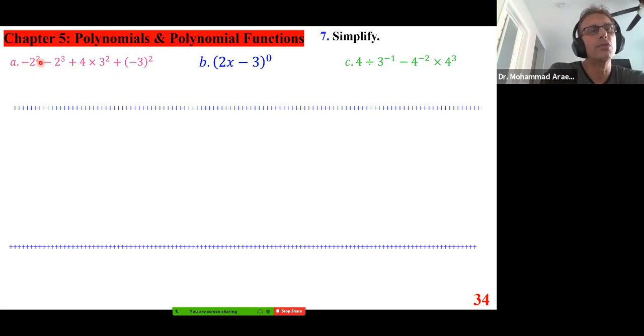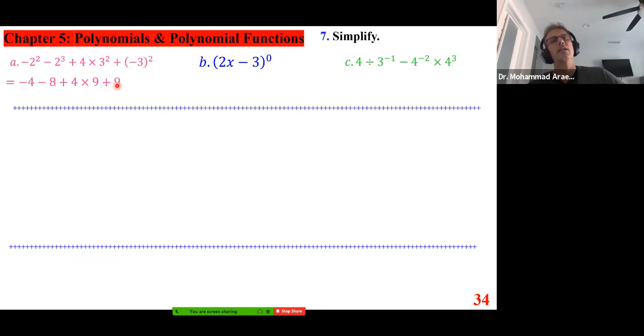This is minus 2 cubed is 8, plus 4 times 3 squared is 9, and then plus 9. So minus 4 minus 8 plus 4 times 9, and negative 3 quantity squared is 9. The product is 36. 4 times 9 is 36. So you have minus 4 minus 8 plus 36 plus 9. They add up to 33. Very simple.